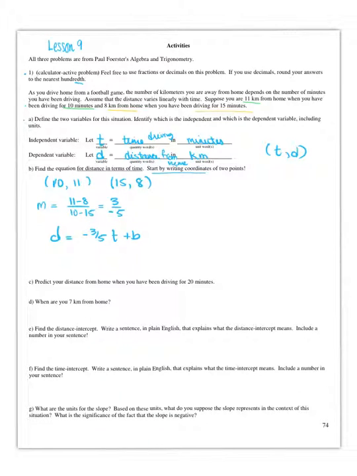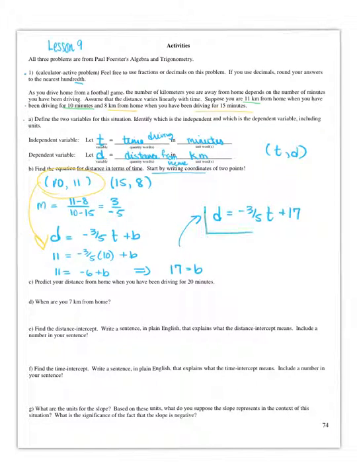Now I need to find my intercept, and I'm going to do that by using one of the 2 points above and substituting it in and finding b. And once I have b, I can put all this information together, my slope and my intercept, to write an equation. So my final equation will be d is equal to negative 3/5 t plus 17. And that's the answer to the problem.